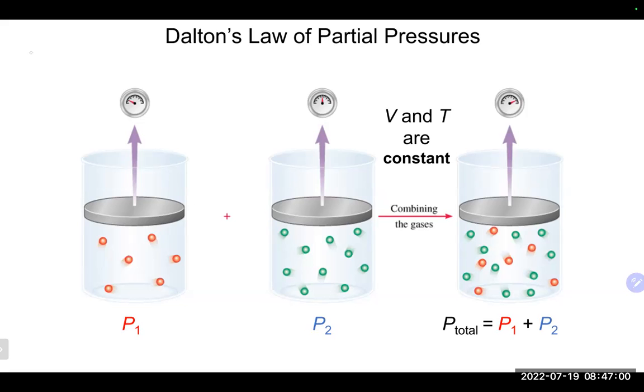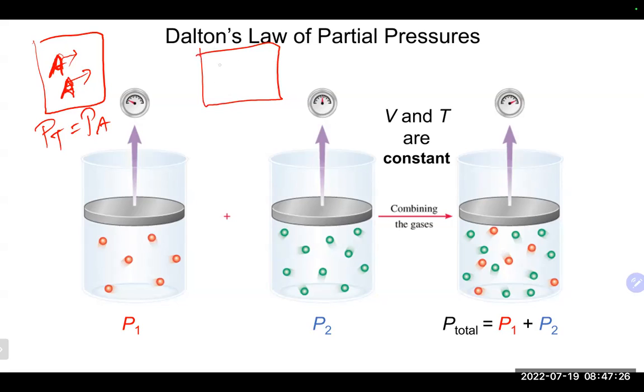So for example, if we had a container like we see below, where we just have red gas molecules moving around, and say these were all gas molecule A, the total pressure here would be basically the result of gas molecule A flying around in there. And obviously, if we had a container that had gas molecule B flying around, the total pressure would be all the result of the second gas.